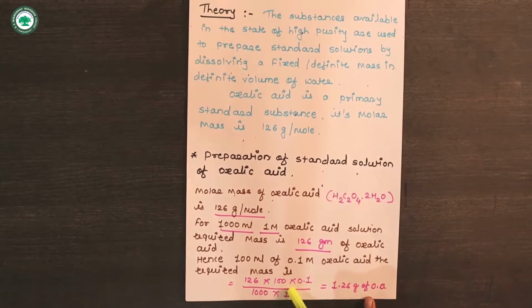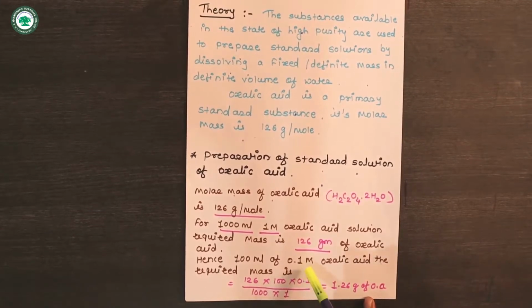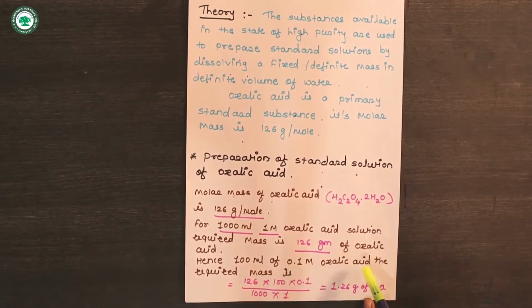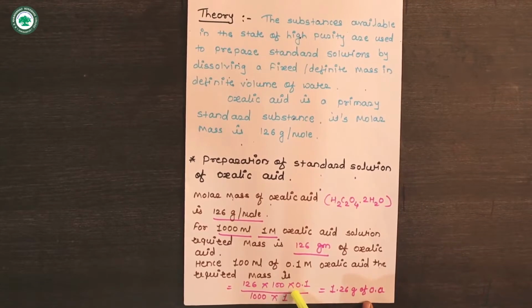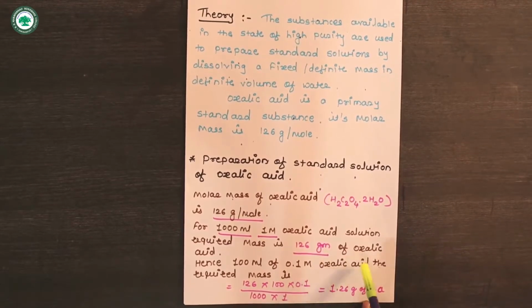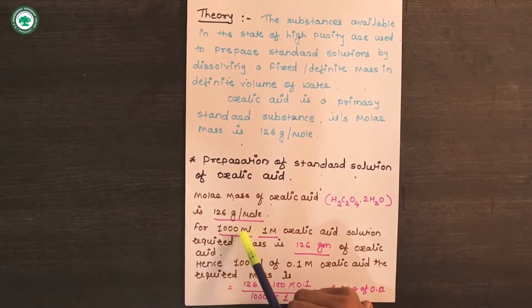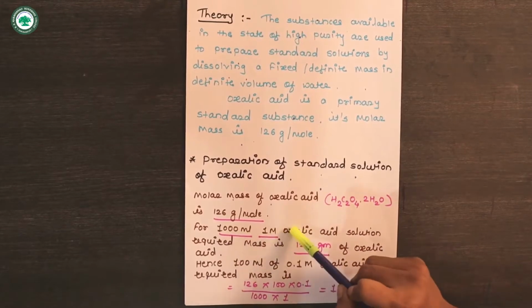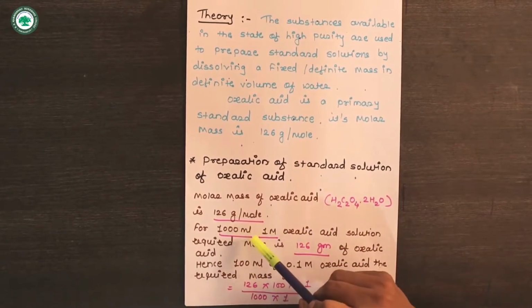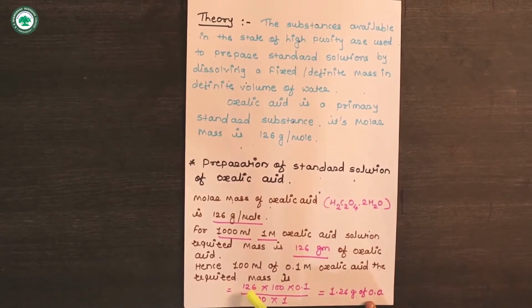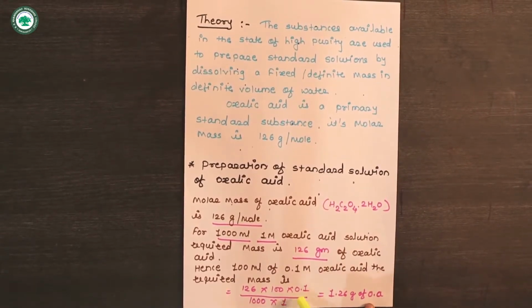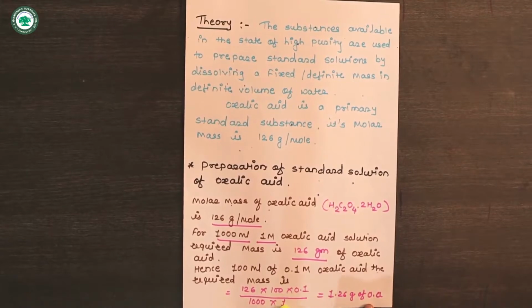126 into 100 into 0.1 molar, because its concentration is 0.1 molar oxalic acid, divided by 1000 ml into 1 molar. This is the calculation: 126 into 100 into 0.1 upon 1000 into 1.